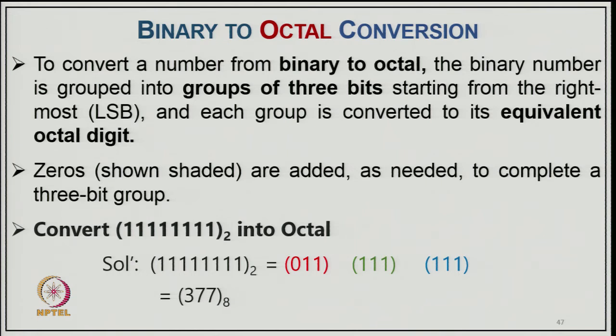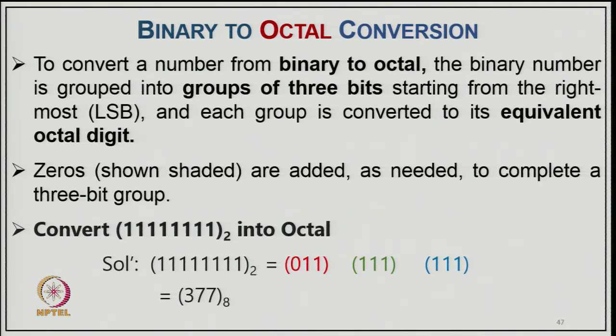If you see here, convert this 1111111 into an octal number. The digits on base 2, starting from the right, we make a group of 3 bits, that is 111, then another 3 bits 111, and then the remaining bit is left, but we have to make a group of 3, so it comes with zeros. So, this is a group of 3, and now we can convert each to its equivalent decimal.